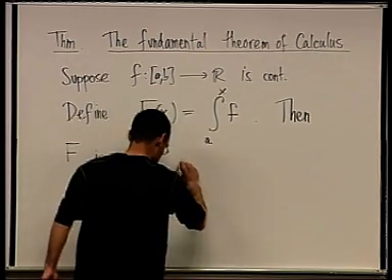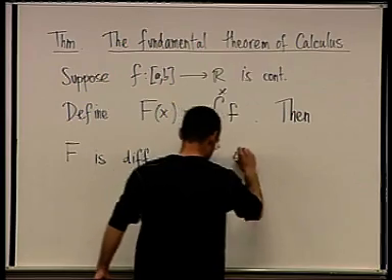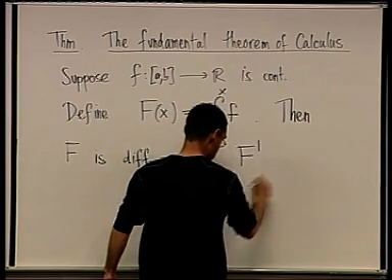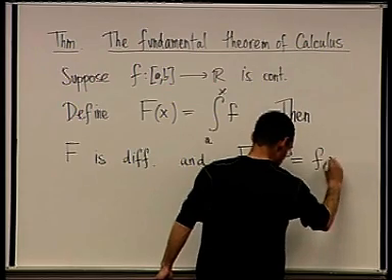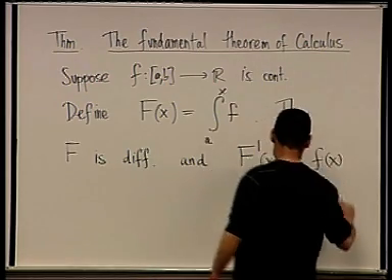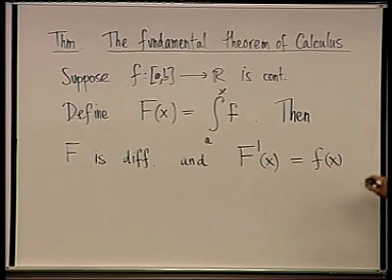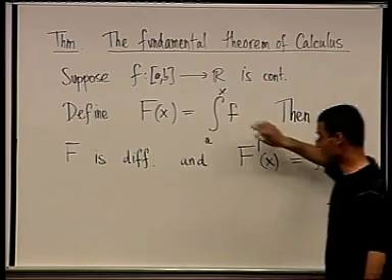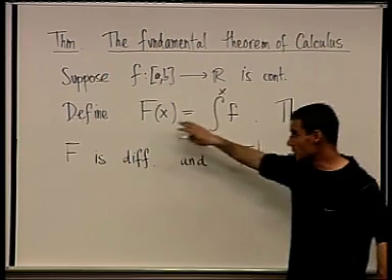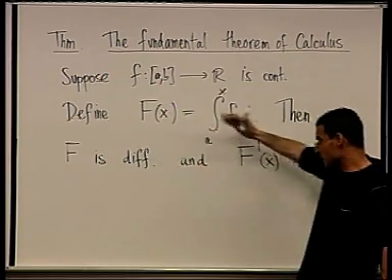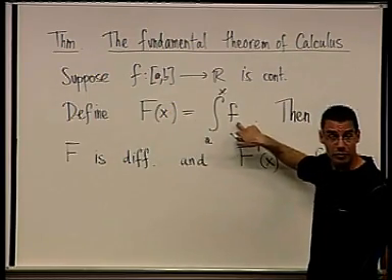And moreover, the derivative of big F is going to actually be precisely little f. Look what just happened here. We started off in the discussion of areas under graphs. This function is kind of accumulating the area under the graph of little f.